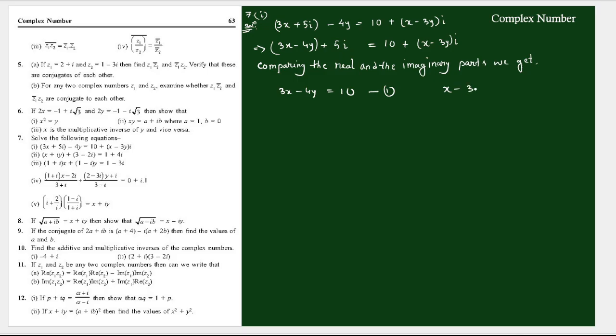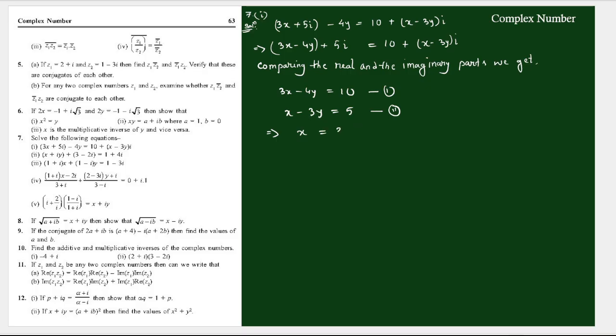We can write it like this, x minus 3y equal to 5, or 5 equal to x minus 3y, both are the same. From here we can find the value of y. Let's write here x minus 3y equal to 5. This is equation 2.